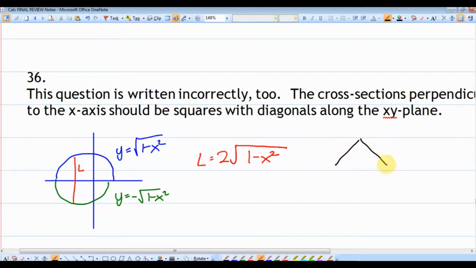The cross section looks like this, with L right there. And so the area equals 1/2 L squared.